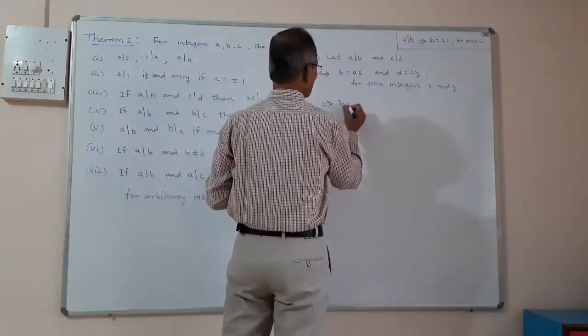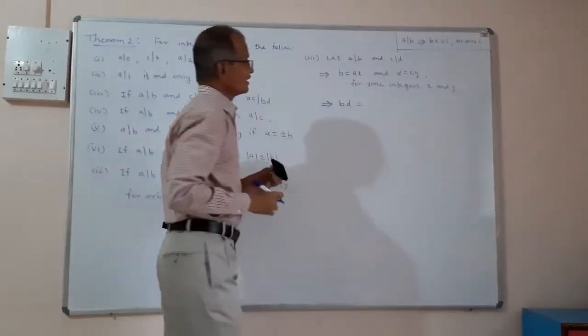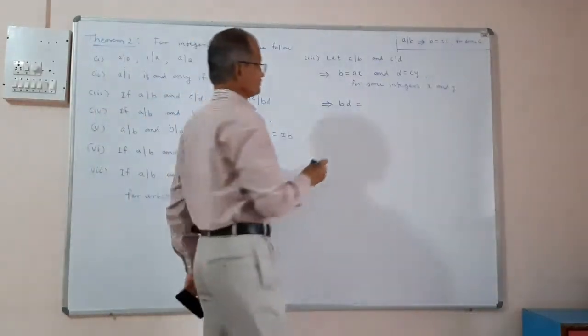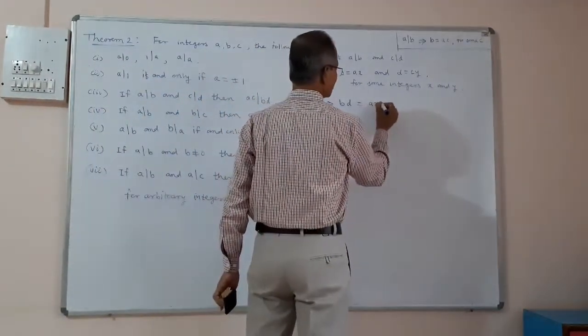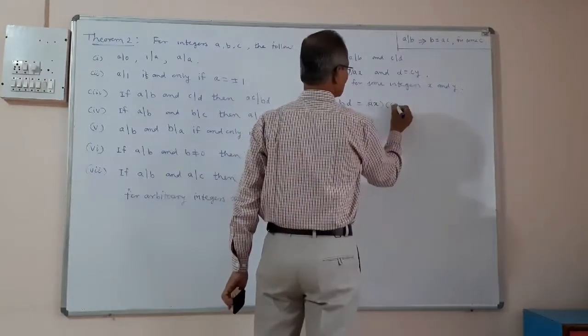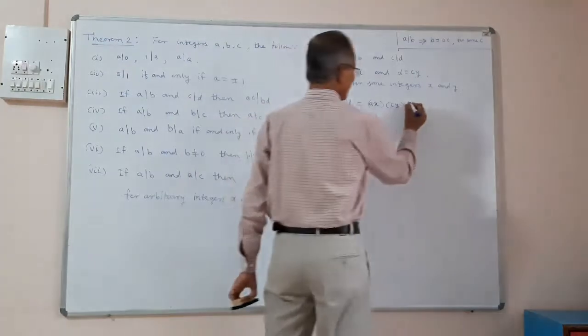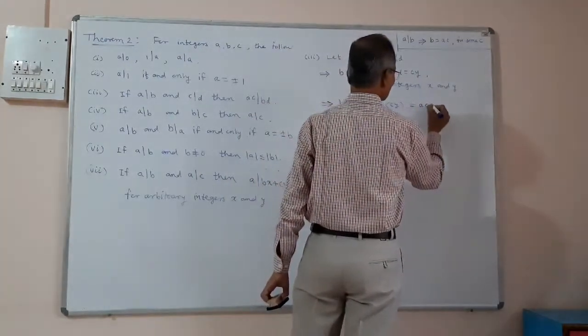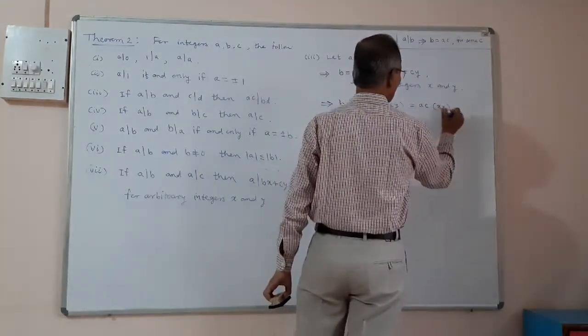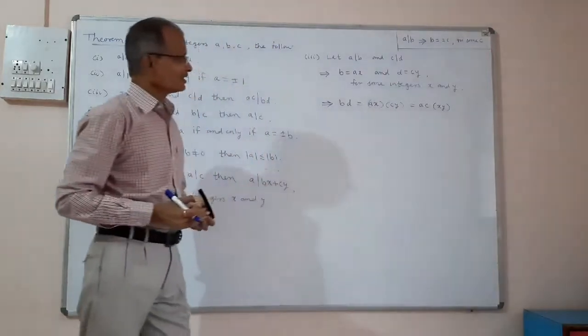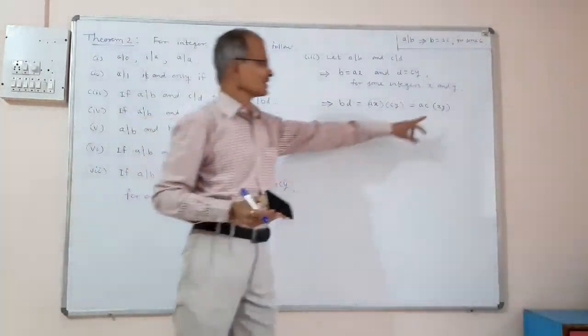So what is B into D from this? You see, it is AX into CY, or this can be written as AC into XY. And you see, X is an integer, Y is an integer, XY is an integer.